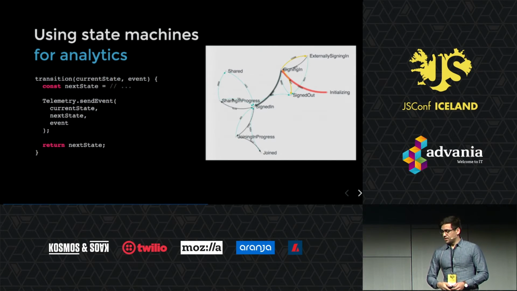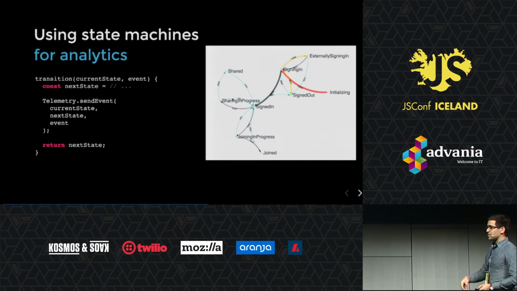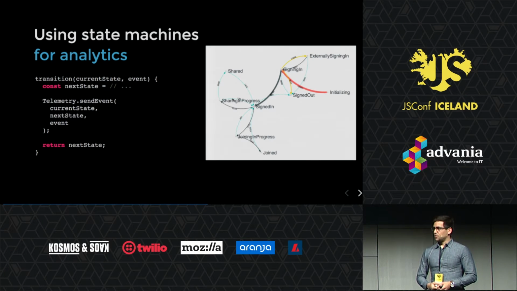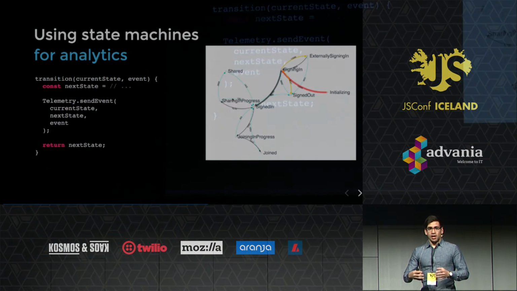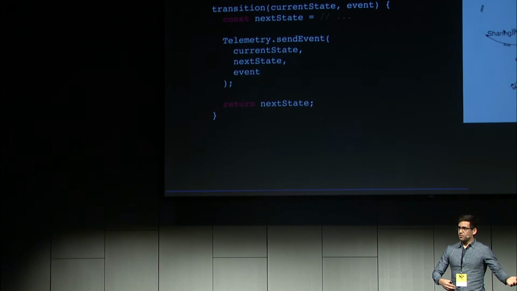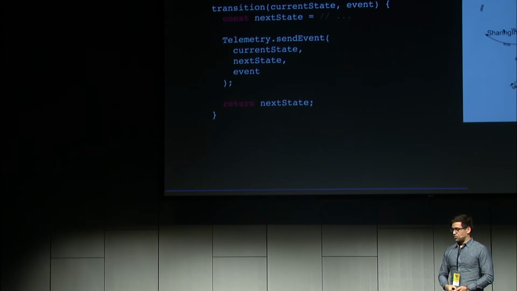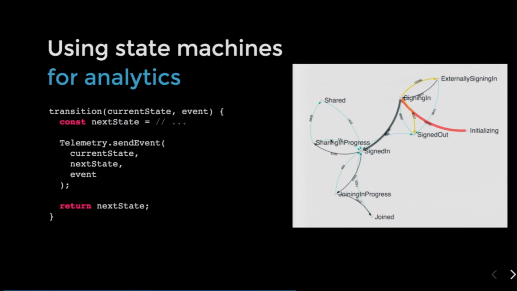Users tend to go to either joining or sharing at about the same frequency. It also clearly shows how many users go to the error state and how many go to the success state for each of these states.